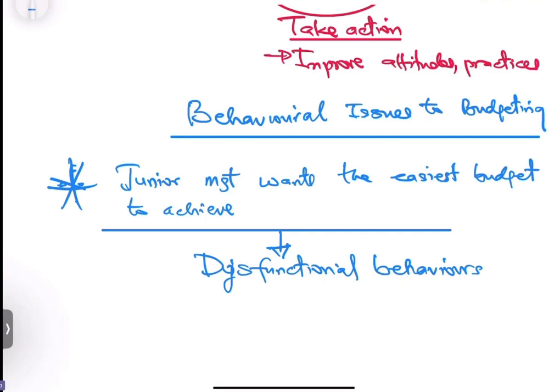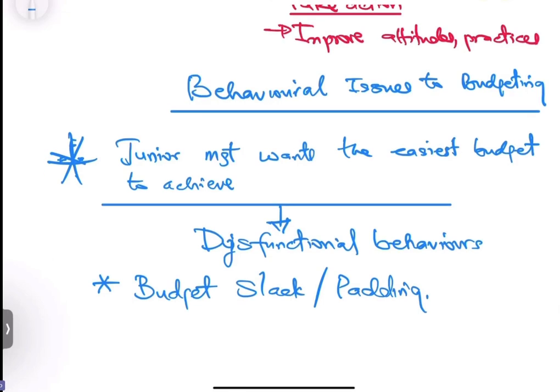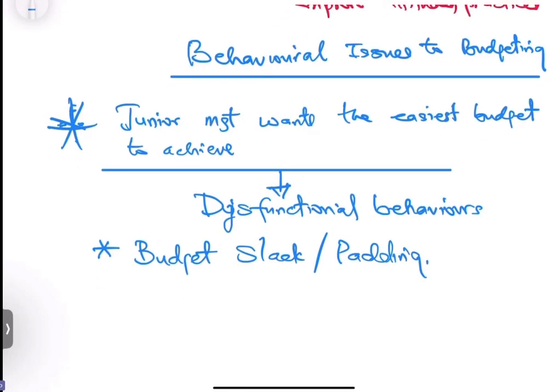So the first thing they would do is budget slacking. Or, like I mentioned earlier, it's also called padding. So slack in the essence that it is a weak target. Such a weak, not challenging target. So it's easy to achieve. What are they doing? They are building inefficiency in the budget.